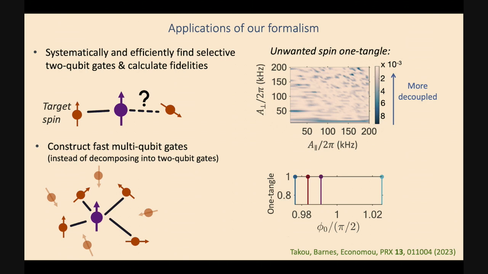Another thing is you might want a bunch of them to couple simultaneously, instead of doing a 2-qubit gate here and then another 2-qubit gate here and a third one here, which would take time. You could do a simultaneous multi-qubit gate in a way that it decouples, let's say, 4 qubits and it couples 4, as in this picture here. So again, you can put some threshold for your one tangle, this quantity we calculate, and then figure out which ones are strongly coupled and optimize your sequence in that way.